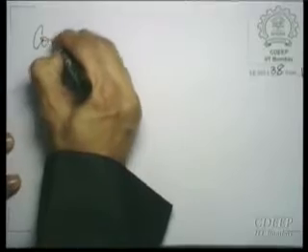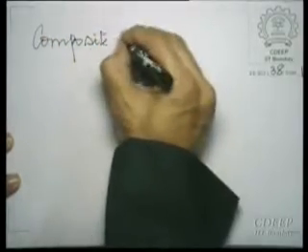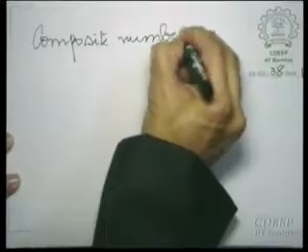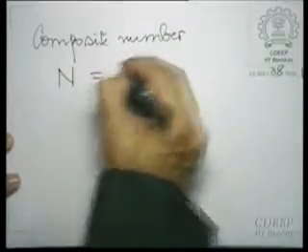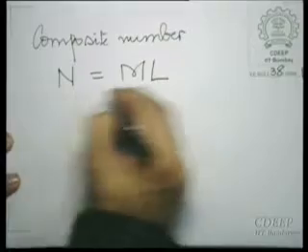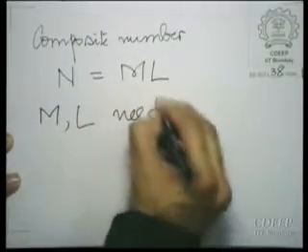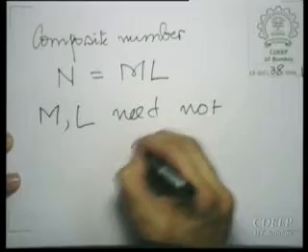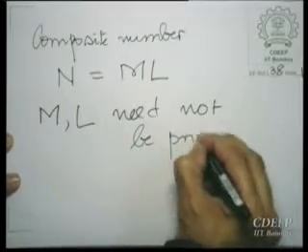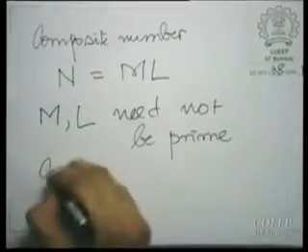Let us consider a composite number capital N given as a product of M and L. Now M and L need not be prime. They could, of course, but they need not be prime. They could themselves be composite.